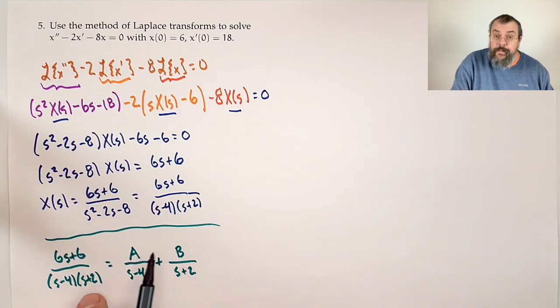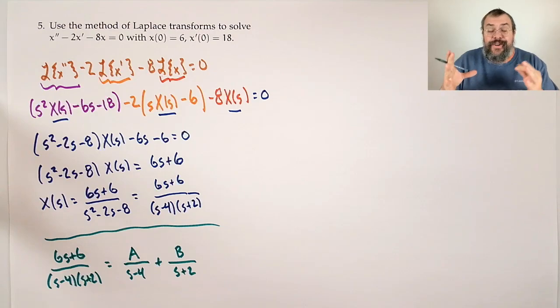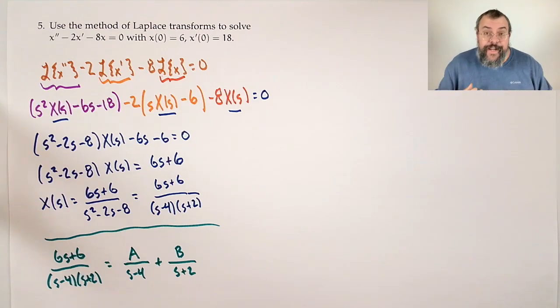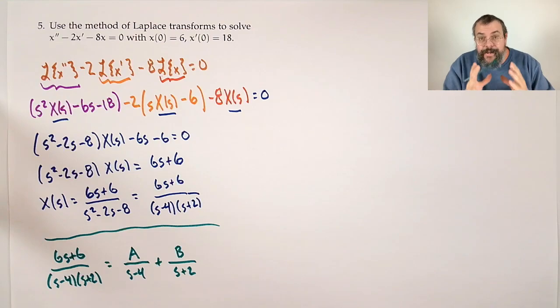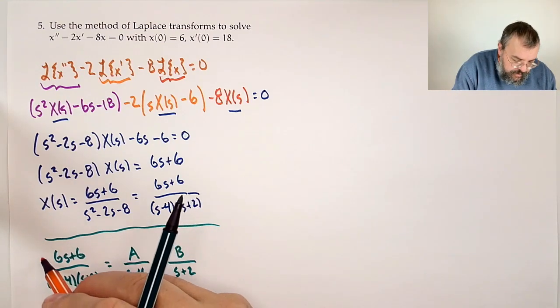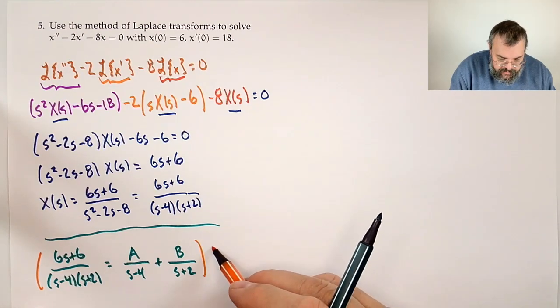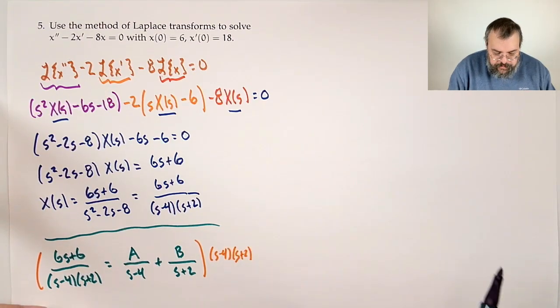So this is one of the most important steps in partial fractions, is knowing, what does my answer look like? Because once you know what your answer looks like, you're like, oh, okay, that's what it is, right? And then you go from there. Clear your denominators. So to do that, we're going to multiply both sides by the quantity s minus 4, s plus 2.